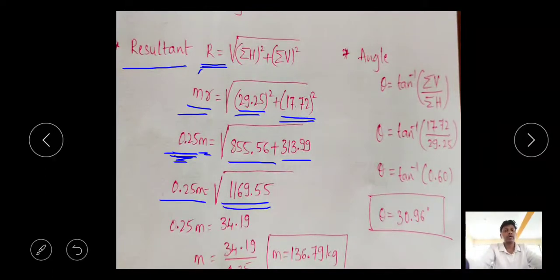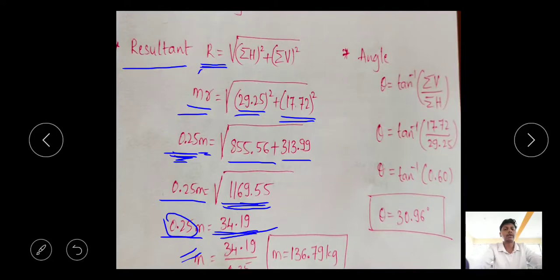1169.55. So now whenever you are taking square root, in your calculator just press square root, take bracket and then take this value, so you will get 34.19. So that is 0.25 m is equal to 34.19. Now if you want mass, m is equal to 34.19 divided by this.